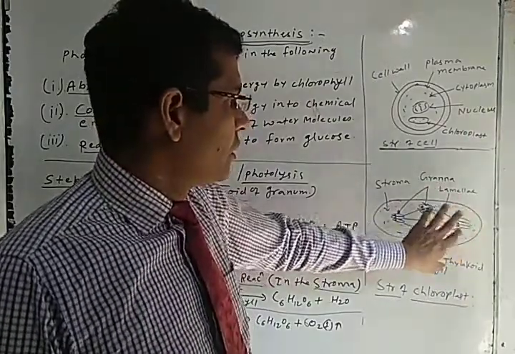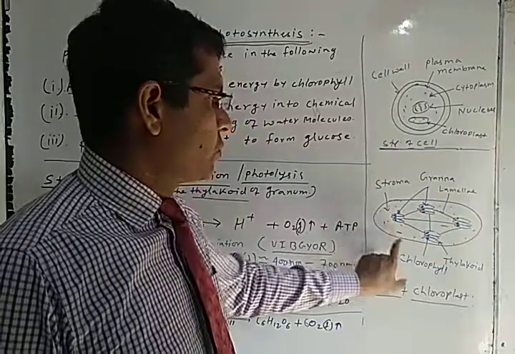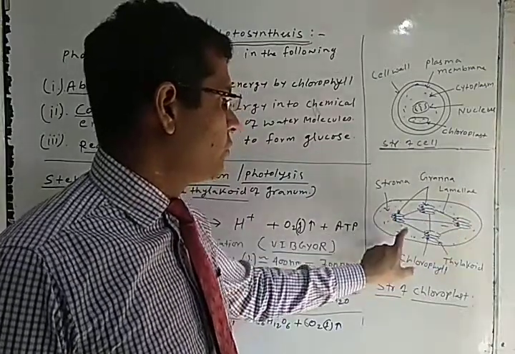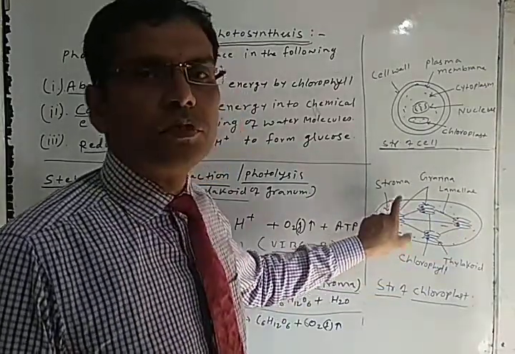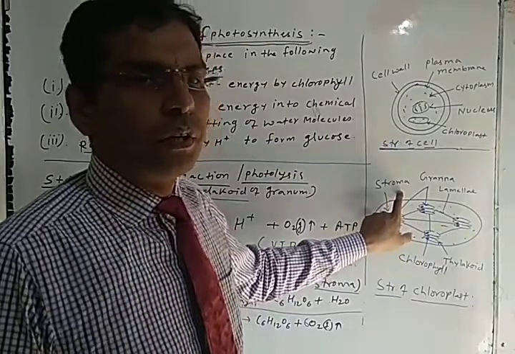Now, there is a fluid-like structure in the chloroplast. That fluid-like structure is called stroma.